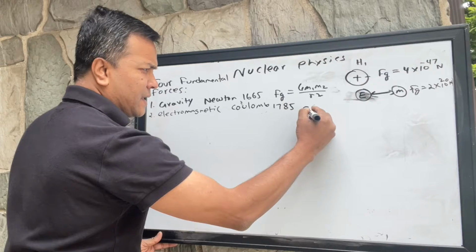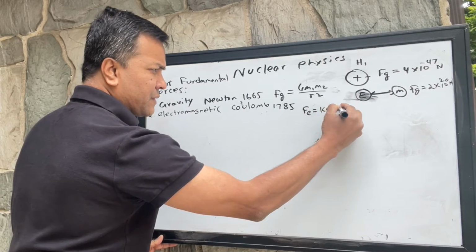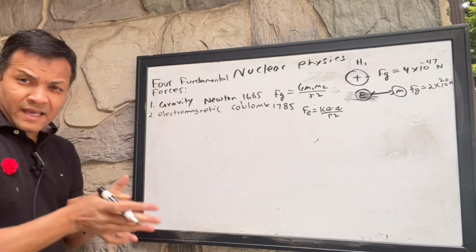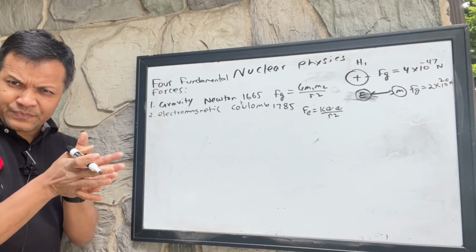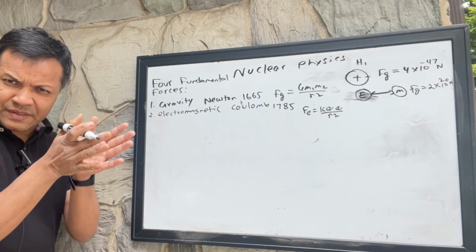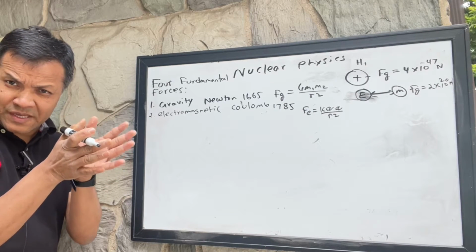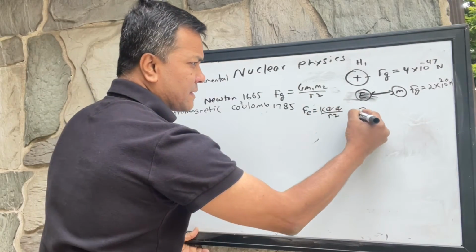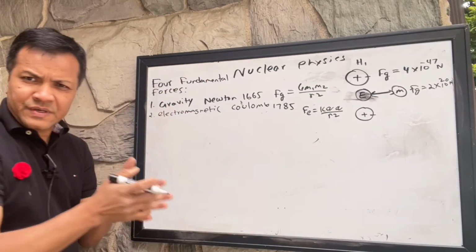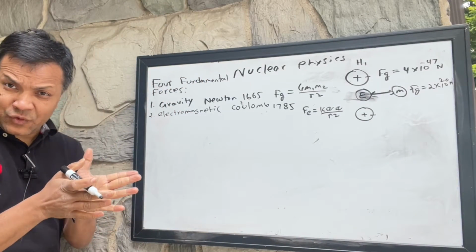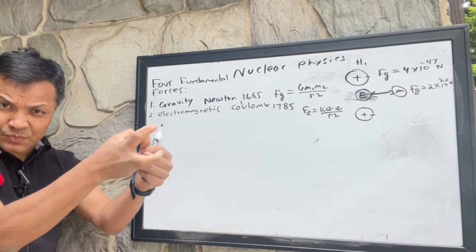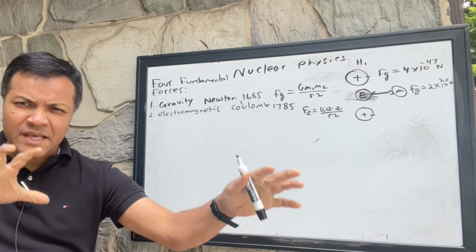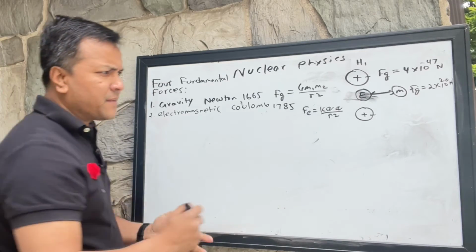So F_E is equal to k q over r squared, and the force between the electron and proton in a hydrogen atom is quite big. This is the hydrogen atom, and the electrostatic force between the electron and proton. So the proton pulls the electron in the hydrogen atom, quite big.